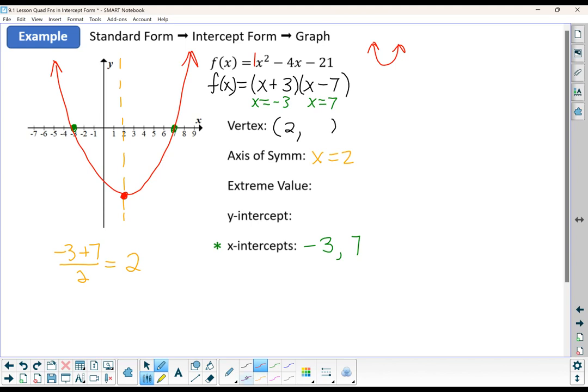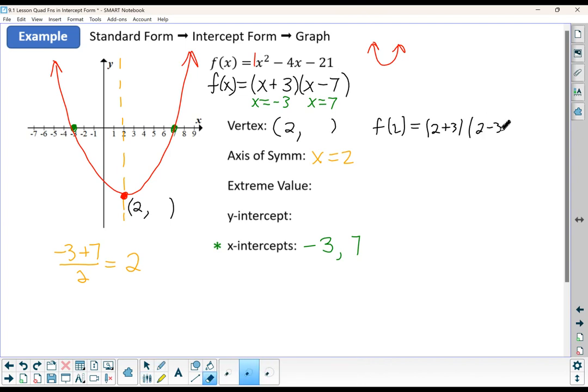To get the y value of that vertex, we're going to sub 2 into our function, f of 2. It's really your choice. You can sub it into the standard form function or into the intercept form. I personally love subbing into intercept form because I can do the mental calculation very easily.